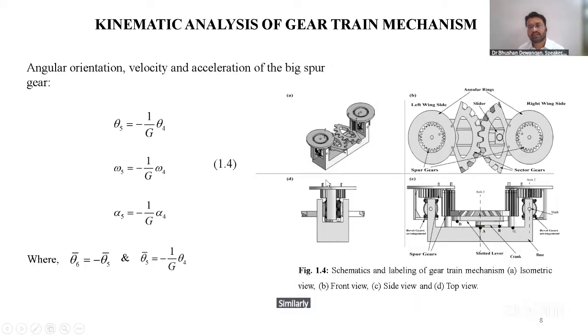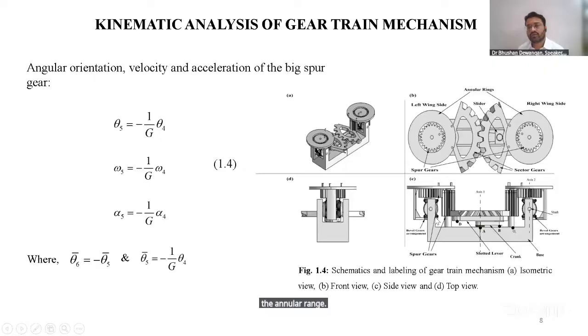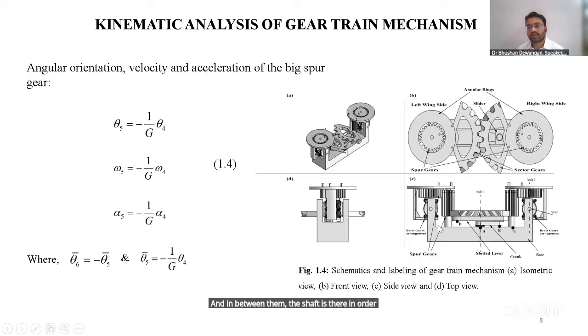Similarly, this is the gear mechanism I was talking about. This is the left wing side. This is the right wing side. These are the annular rings, which are attached to the lower bevel gear, and these bevel gear arrangements are in rectangular fashion. In between them, the shaft is there to hold these bevel gears.